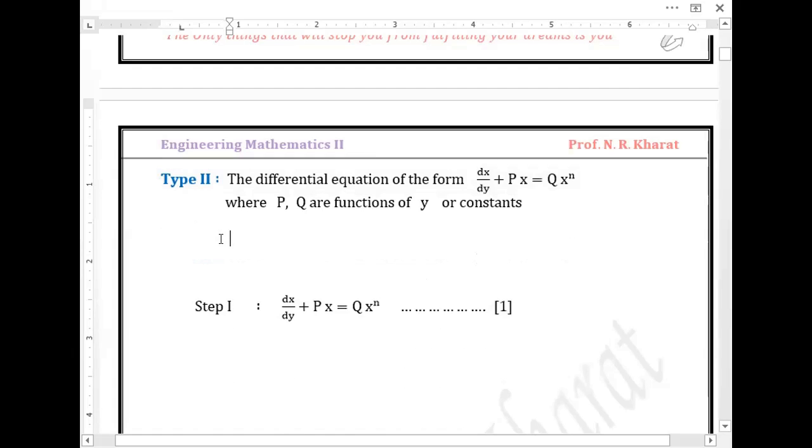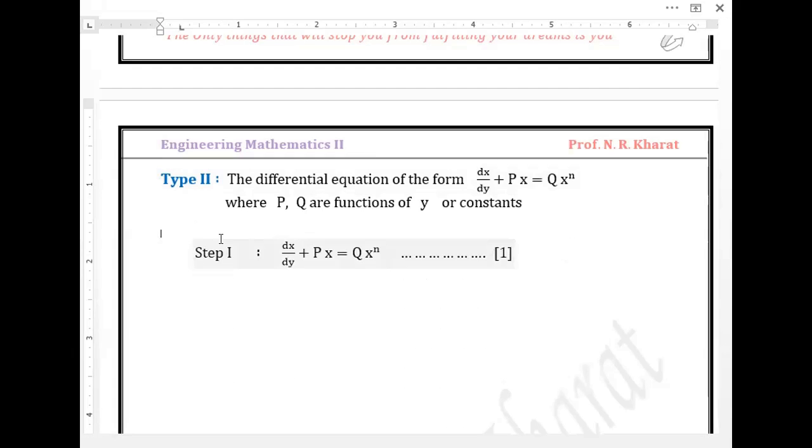These steps are the same as type number 1; instead of x we replace y, or y is replaced with x.